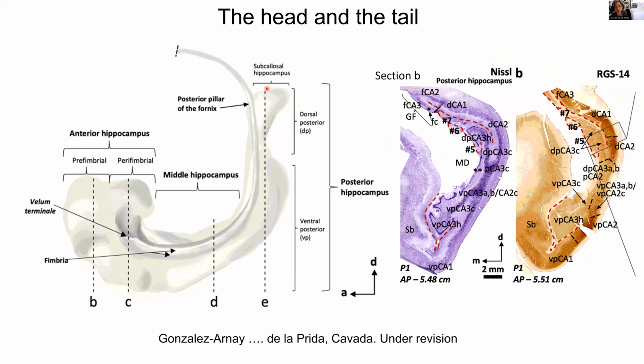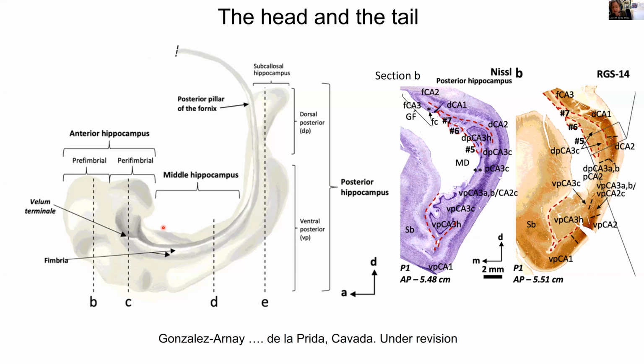And if you move to the tail, the organization there is even more complex. And typically, what is going on in the tail and in the head is somehow neglected. But I have to mention that for the electrophysiological recordings in human, because those are guided by clinical criteria and mostly target temporal lobe epileptic patients, most of the recordings typically go through the anterior hippocampus, close to the head.